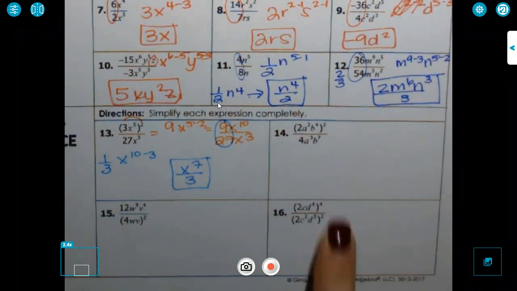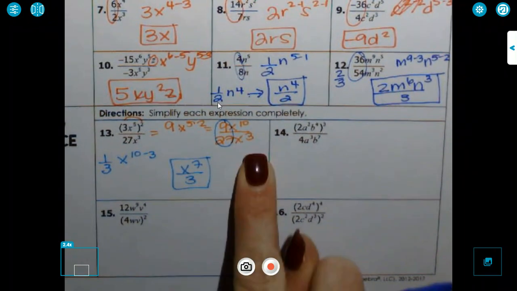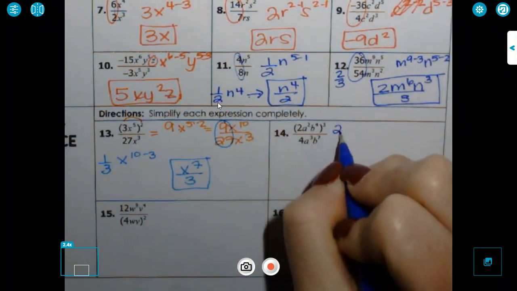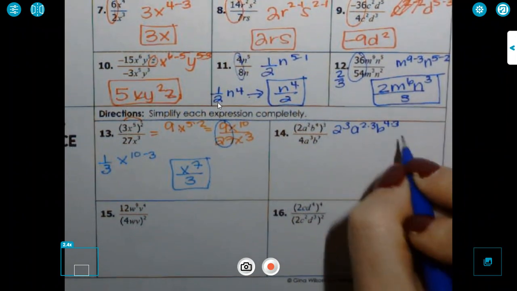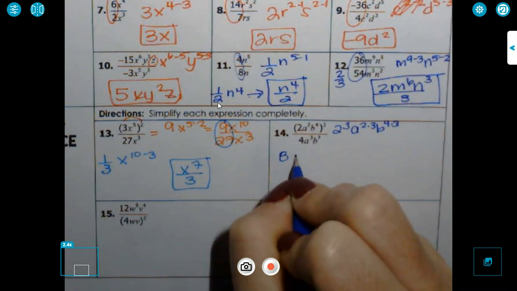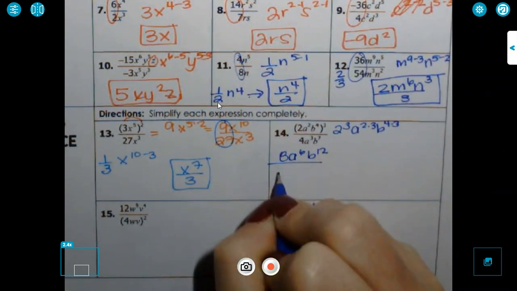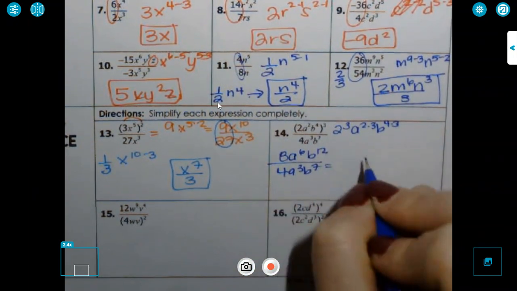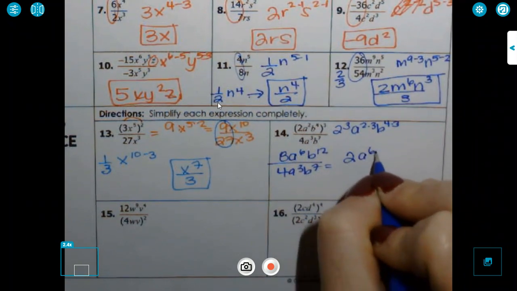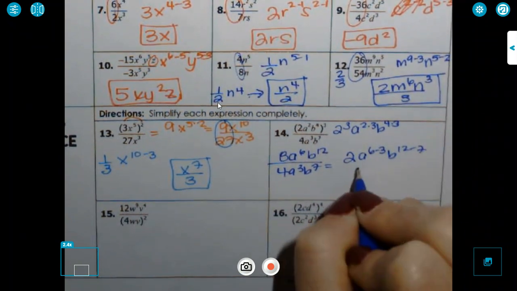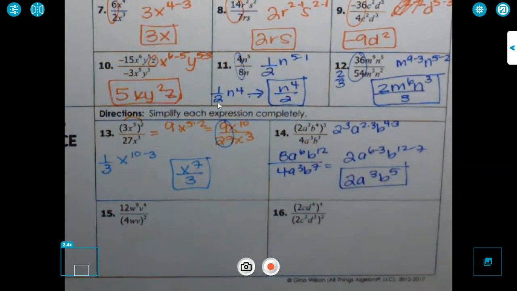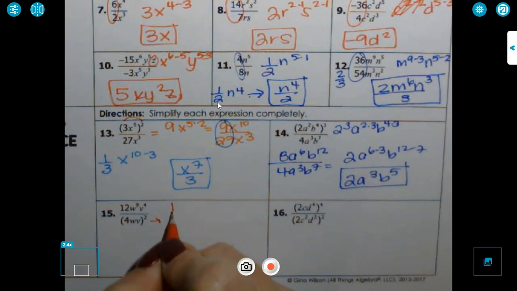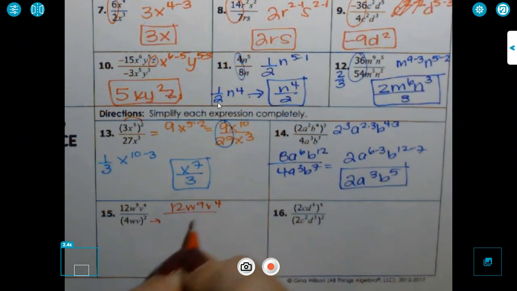Seriously, pause it here, work on 14, 15, and 16, and then come back and check. Okay, and then the last 2, so the top's going to stay the same here.